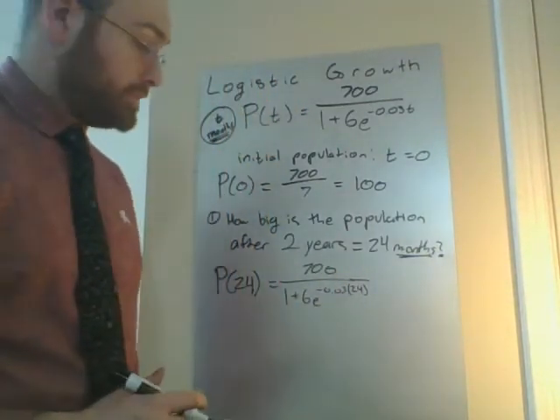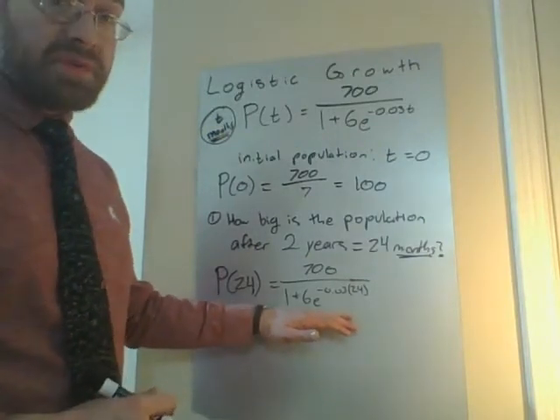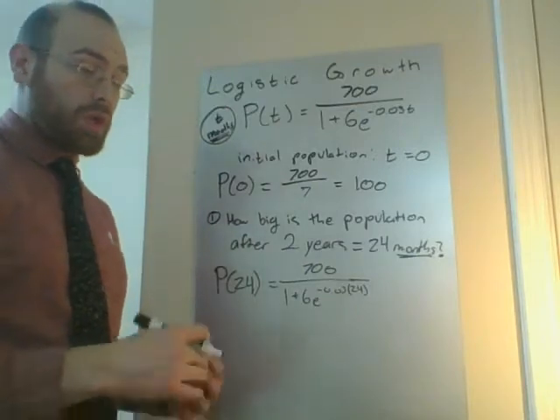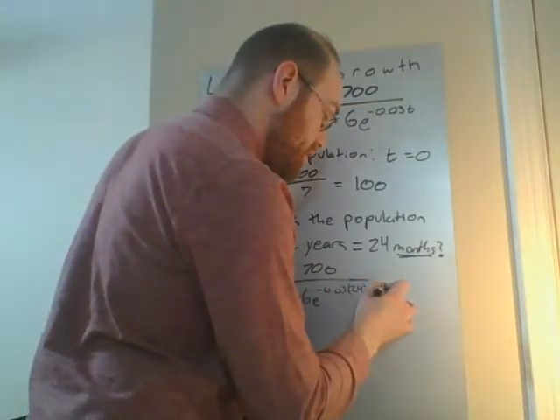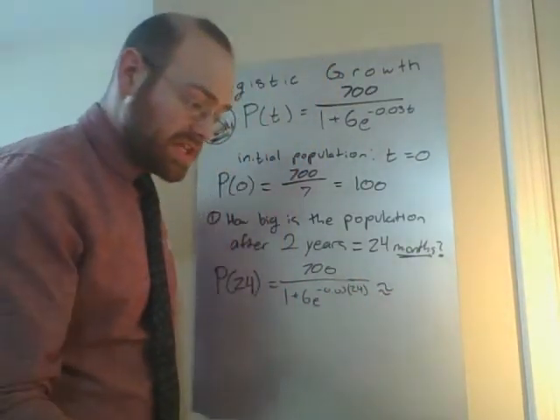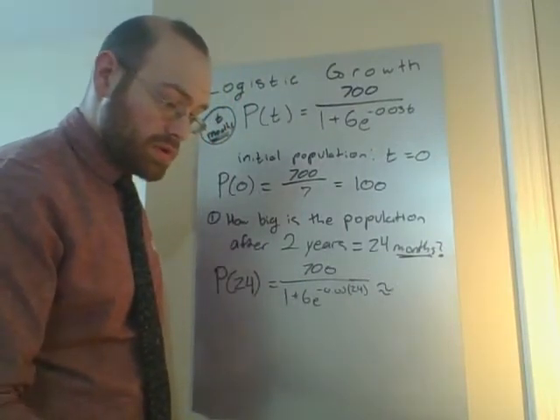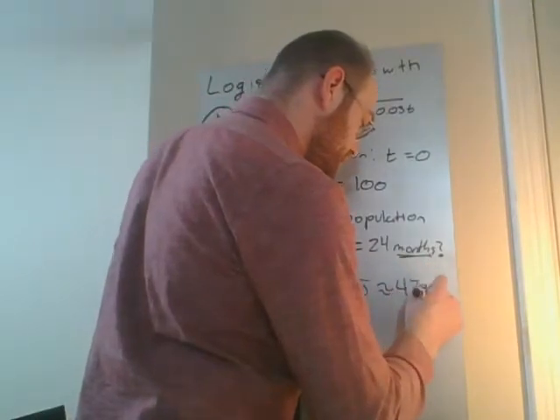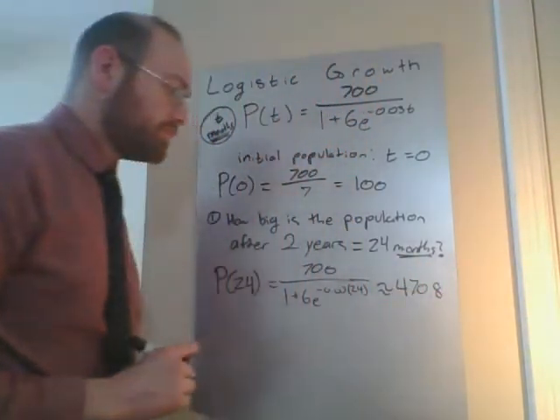We could simplify this step by step and put it into our calculator one piece at a time, or we could just plug it into our calculator, and it's approximately equal to 470.8.